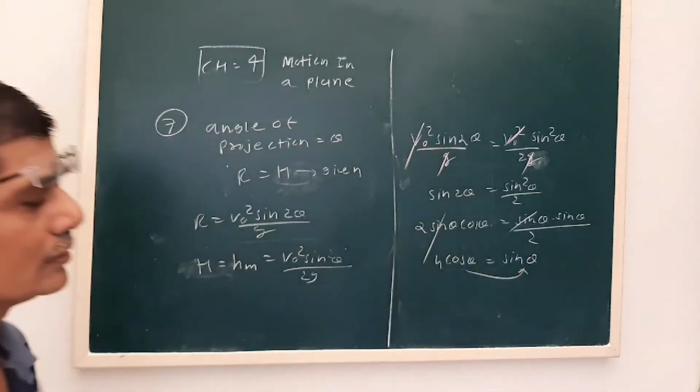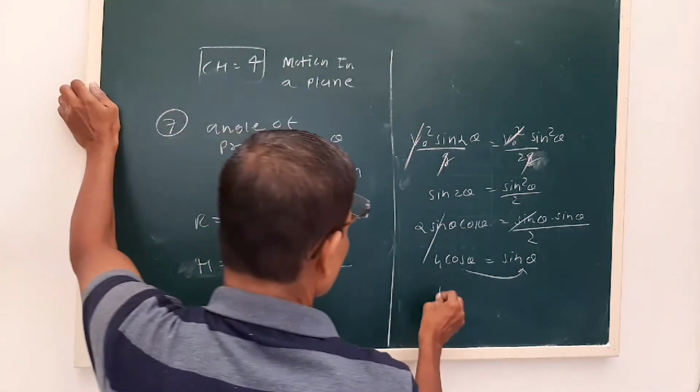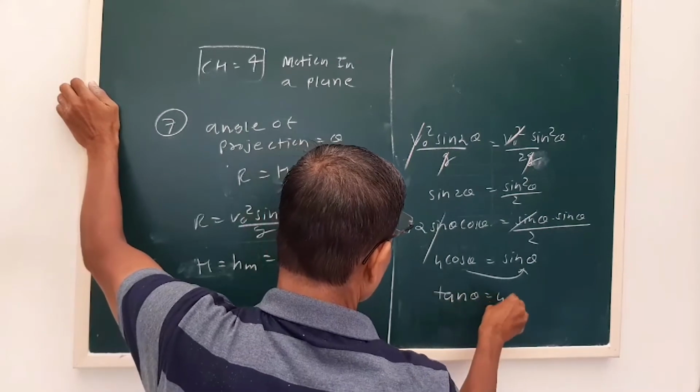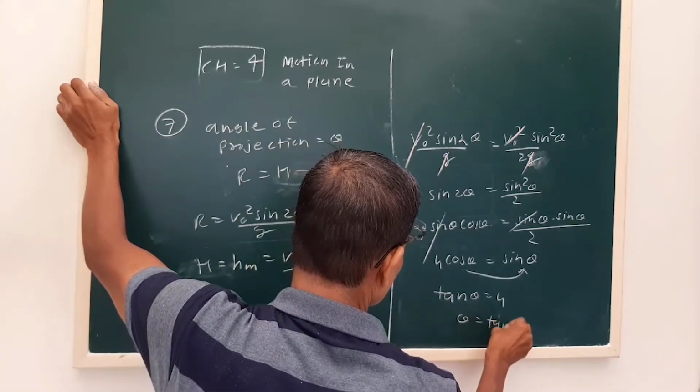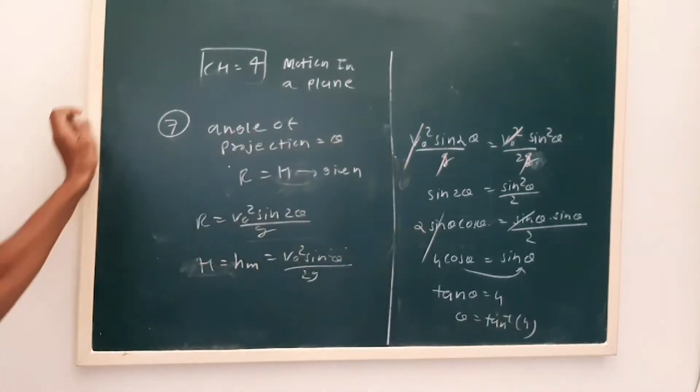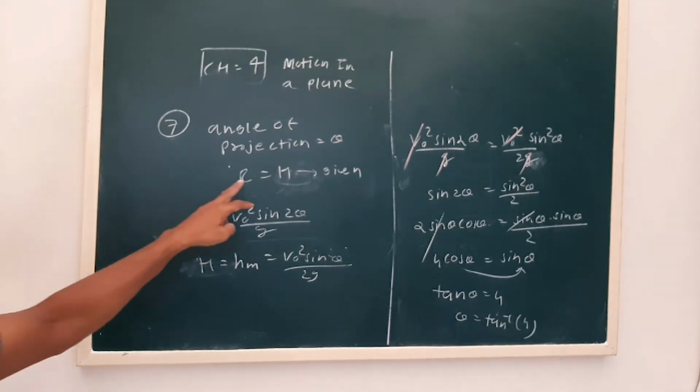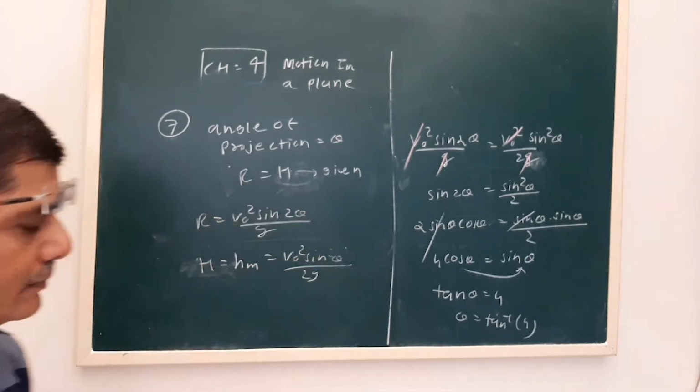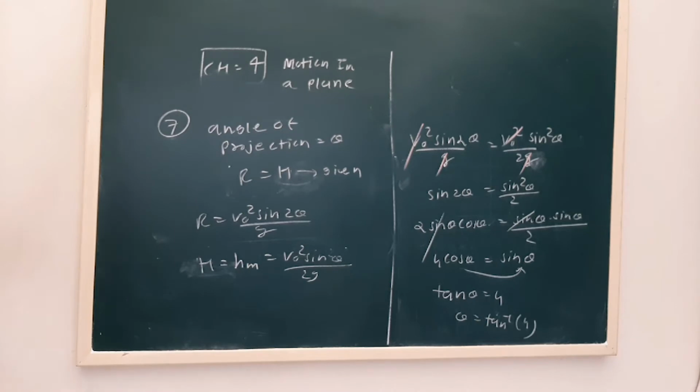This I will take in the denominator, so that will make tan theta equal to 4, or theta is equal to tan inverse 4. So when the range and height are the same, the angle of projection will be such that tan theta is equal to 4. This is how we can solve.